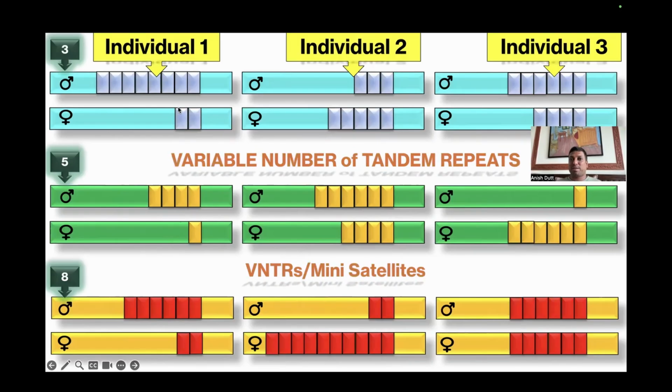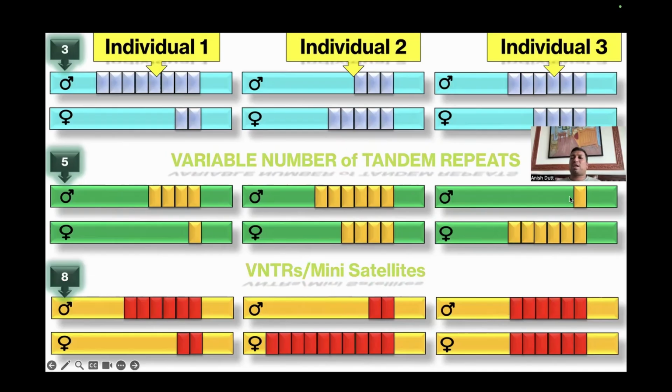So for 13 repetitive DNA sequences we have 26 fragments which can be obtained. I'll tell you what fragment means in a while. For every individual, you will get 26 such fragments if you cut out these repetitive DNA sequences from the chromosomes where they belong: 26 fragments from individual 1, 26 from individual 2, and 26 from individual 3.